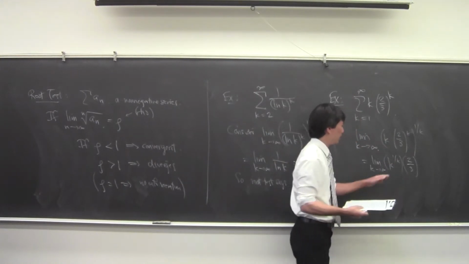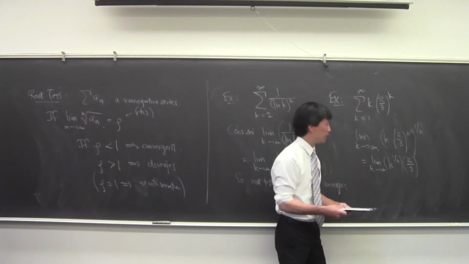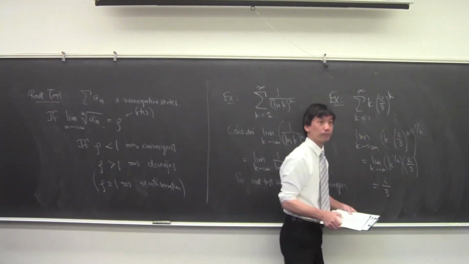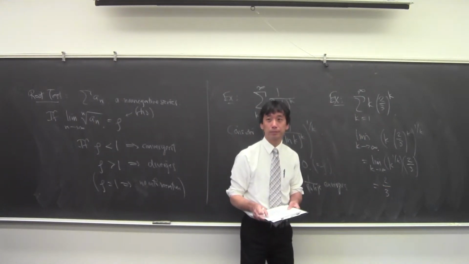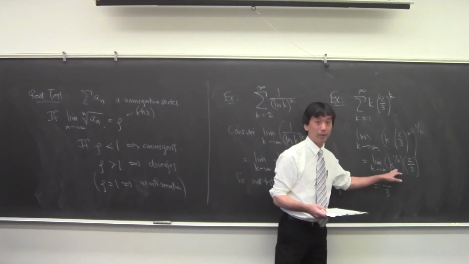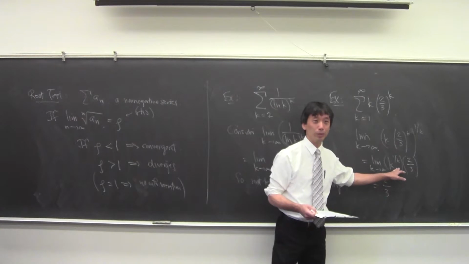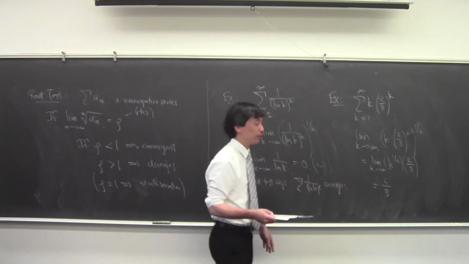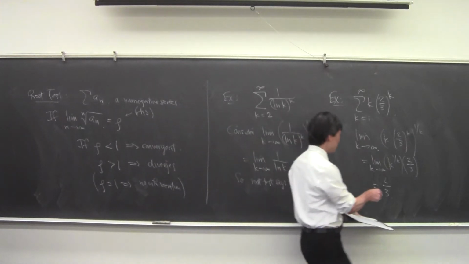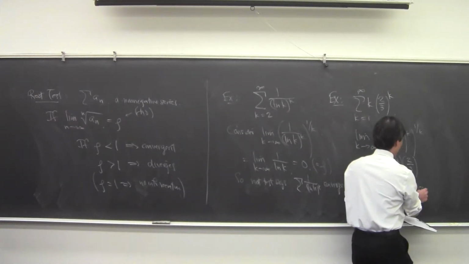But the limit of k to the 1 over k as k goes to infinity is 1, so you end up with 2/3. I hope you know that you need to use L'Hopital's rule and the logarithm for that. In any case, we get convergence.